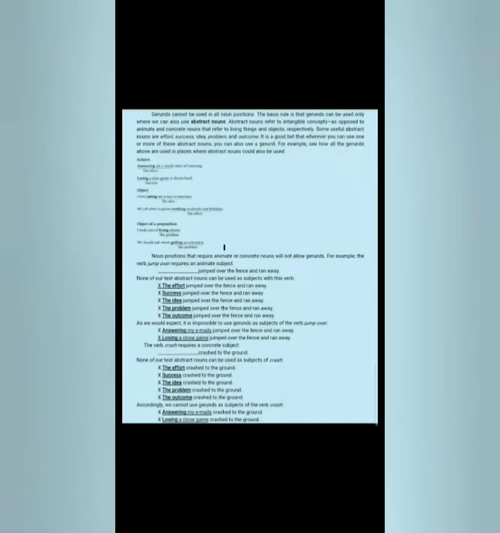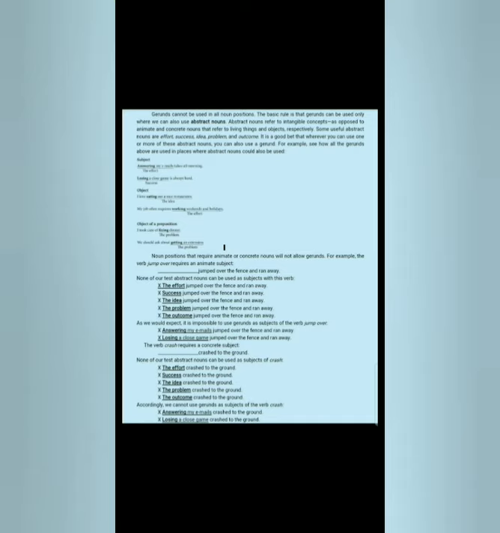Technically, the term gerund is reserved for just the -ing verb form, while the gerund together with its complement and adverb is called a gerund phrase. Gerunds can be used in all noun positions.